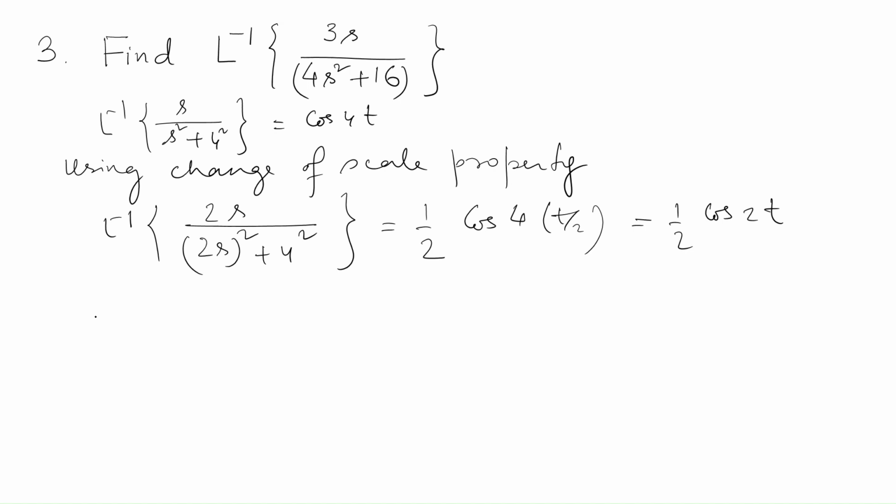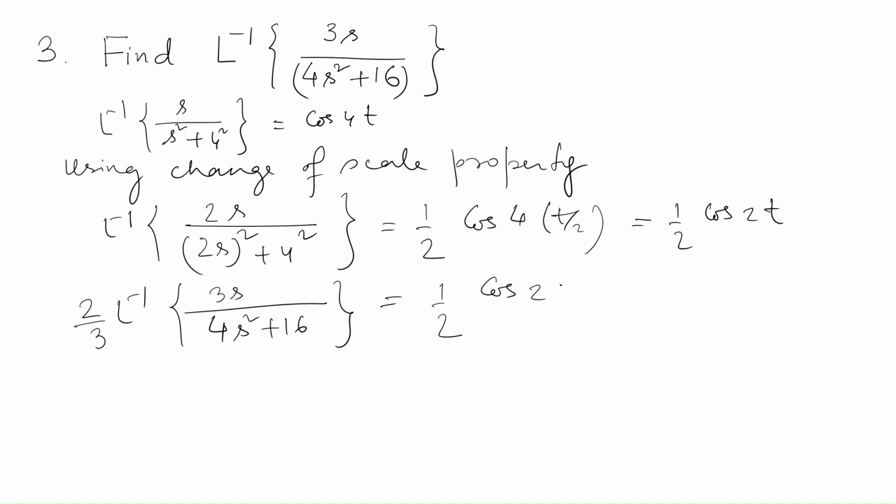Now, if we take 2/3 of inverse Laplace transform of thrice s by 4 s square plus 16, then we will have half cos twice t, because we are taking 3 here to make it like the question given. So 1/3 and 3 will be cancelled, the 2 will go inside.